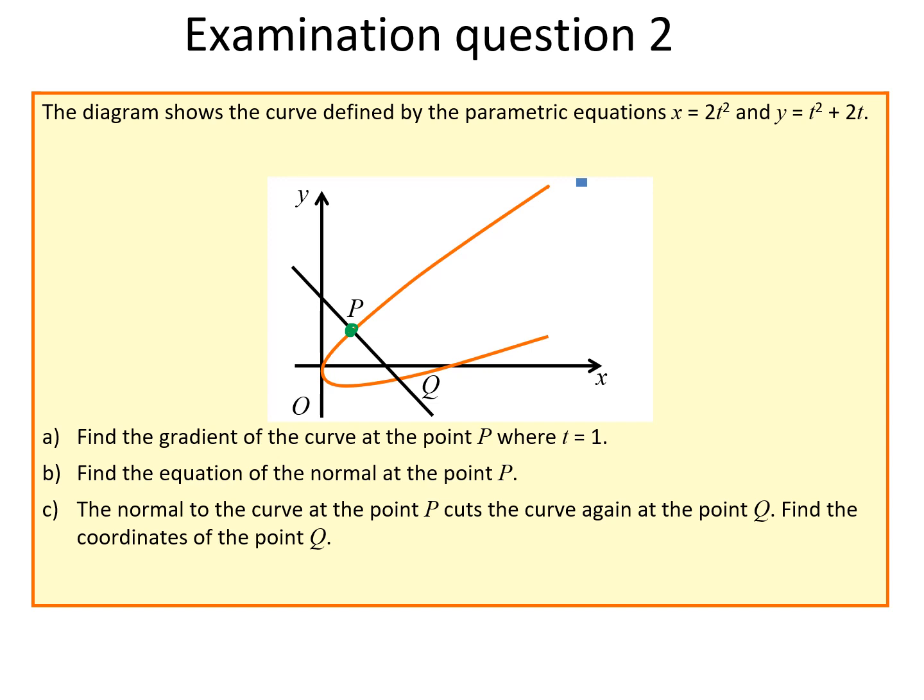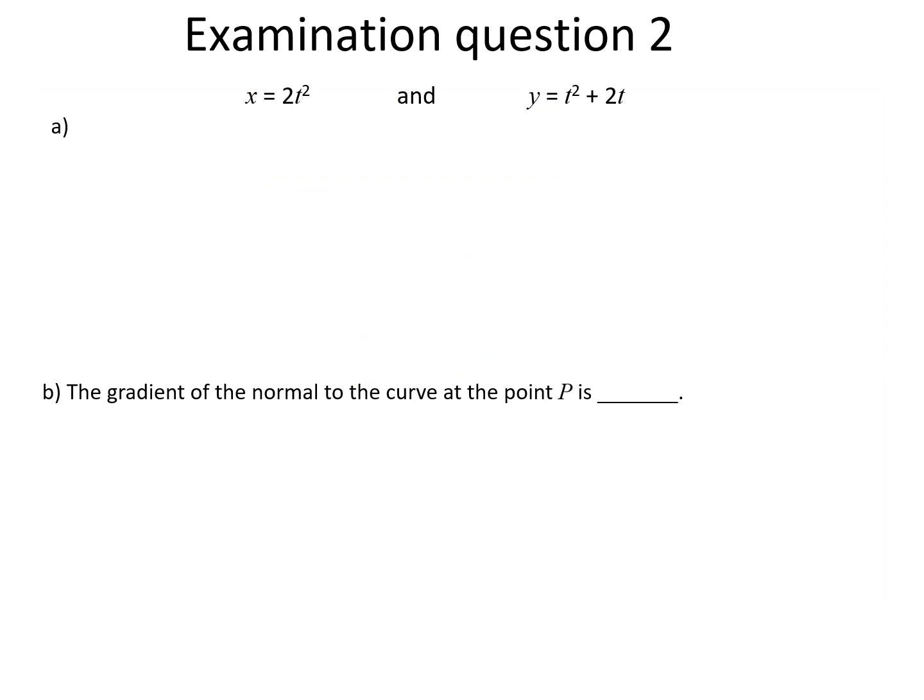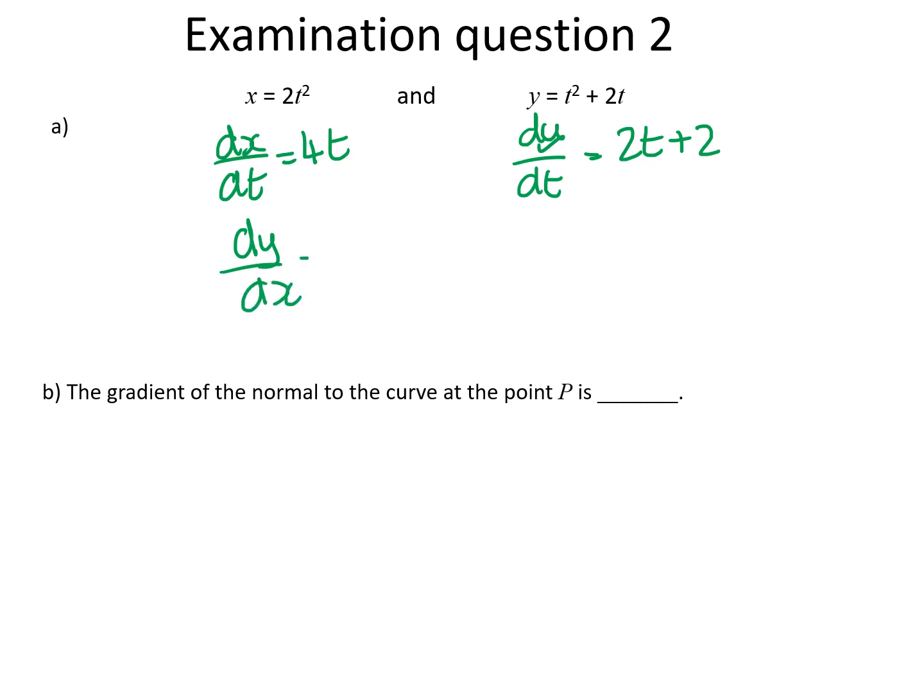Okay, if you wanted me to go, gradient: dx/dt is 4t and dy/dt is 2t plus 2. dy/dx then is 2t plus 2 over 4t, which cancels through by 2, so it's t plus 1 over 2t, and we're saying t is 1.